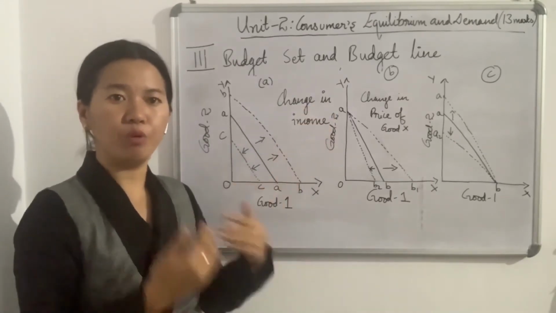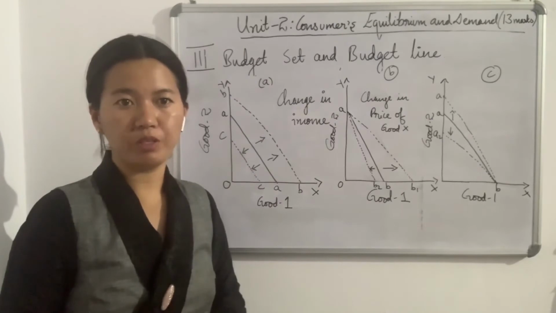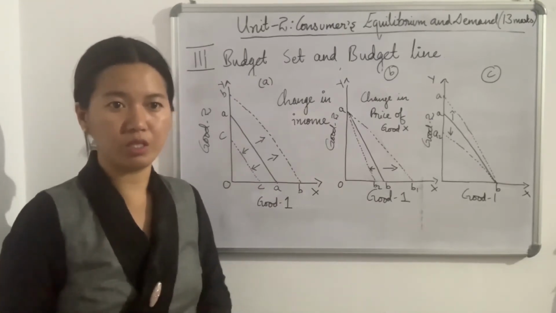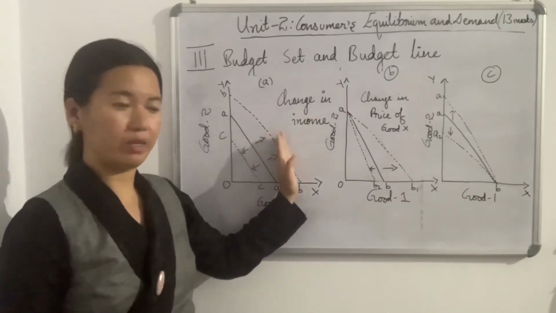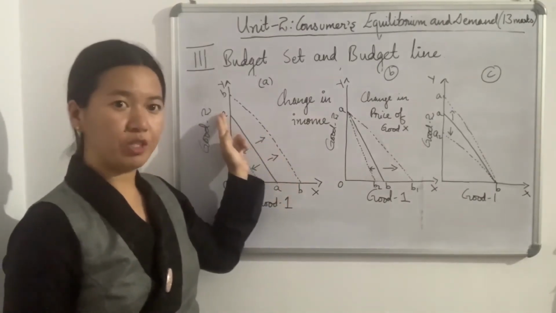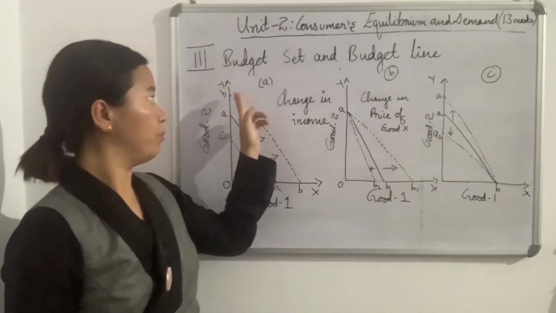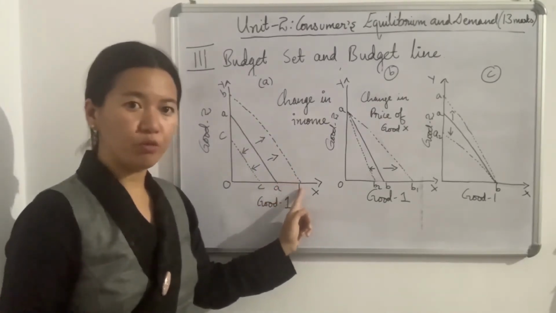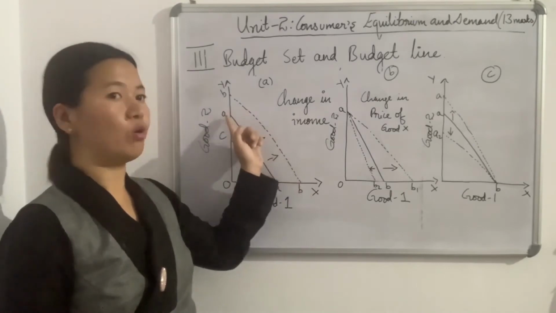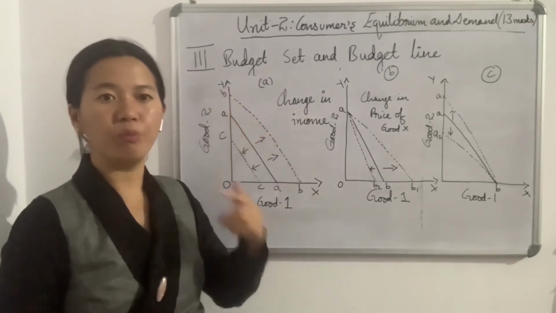When you have more income, you will be able to purchase more of both the commodities. Therefore, your budget line will shift towards the right, from budget line AA to budget line BB, because you will be able to purchase more of good X as well as more of good Y because of more income.